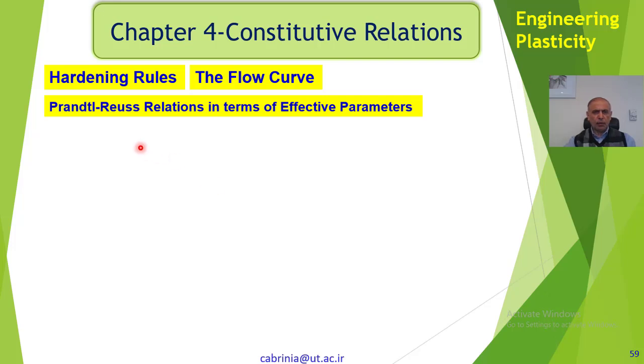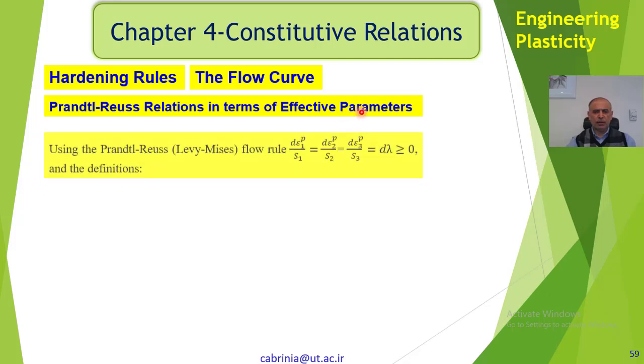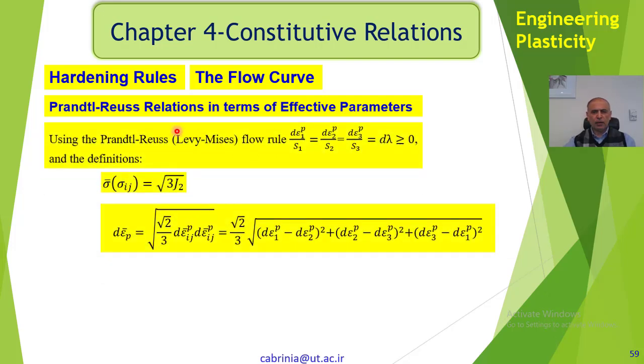Let's see the Prandtl-Reuss equations in terms of effective parameters. Remember, this was the Prandtl-Reuss equation we introduced earlier on, and this is the Levy-Mises equation, and these are the effective parameters. Sigma bar is the effective stress, d epsilon bar p is the effective plastic incremental strain.